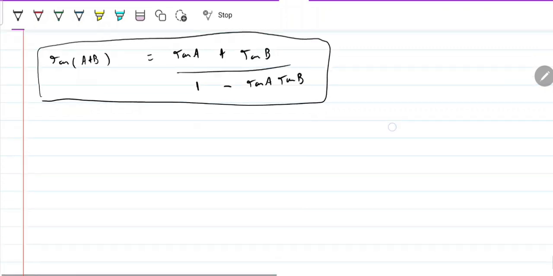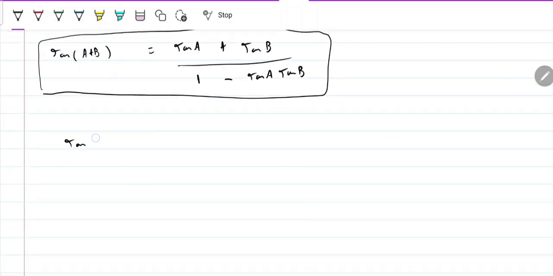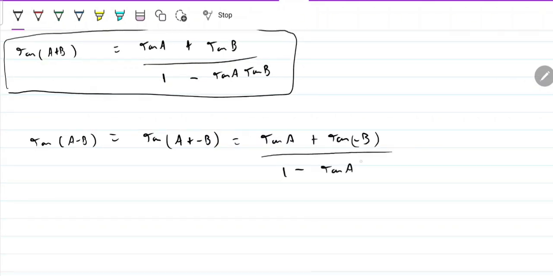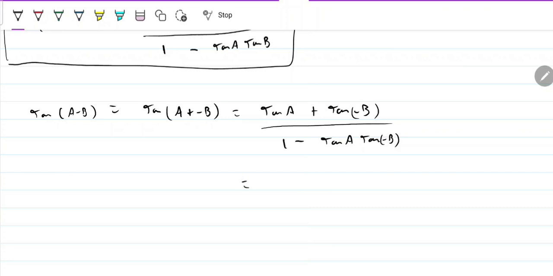All right. So we did tan A plus B. What do we have to do now? The tan of A minus B. And it's the same thing, right? Tan of A minus B is equal to the tan of A plus minus B, right? So that'll be equal to the tan of A. Remember I said that tan is not an even function. It's just like sine, right? So we've got to put that minus on the outside.